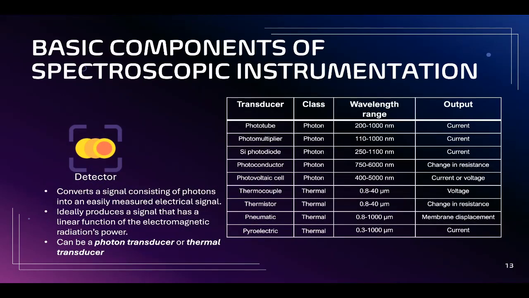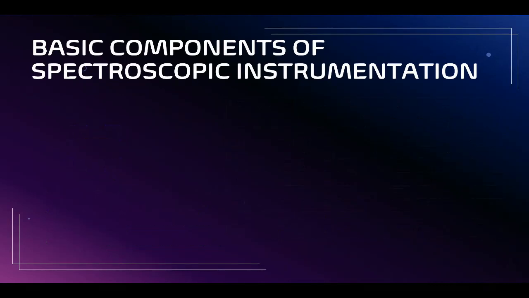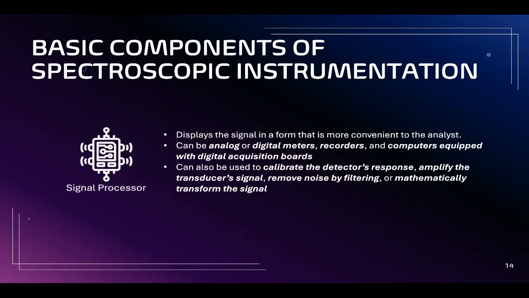Modern detectors use a sensitive transducer that can be a photon transducer or a thermal transducer. The table here shows examples of transducers for spectroscopy. A transducer's electrical signal is then sent to a signal processor.